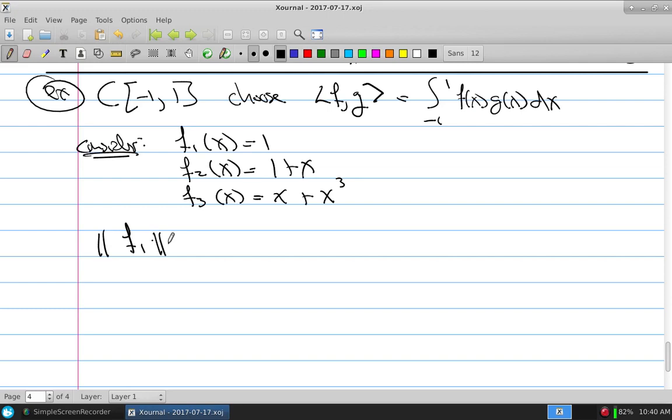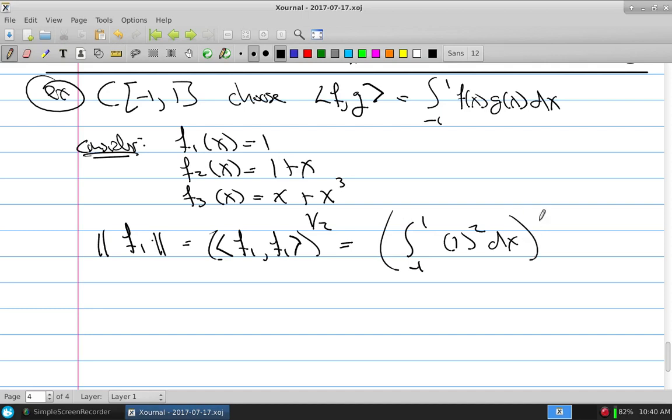Again, what's magnitude always? Its inner product with itself, all raised to the 1/2 power. What's the inner product if this is my inner product? So what do I need to figure out? What's the integral from -1 to 1 of 1 squared dx, and then I'm going to take it to the 1/2 power.